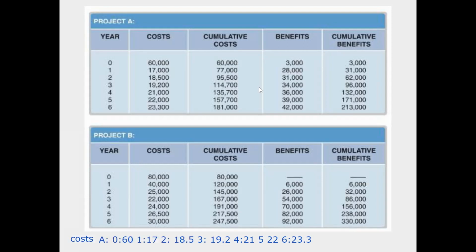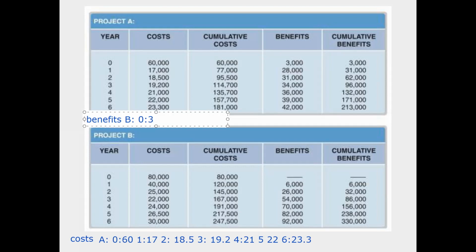And then we have to have benefits. Similarly, benefits also we have to talk about. What are the benefits? So first one, that is B. For year 0, we have 3,000.